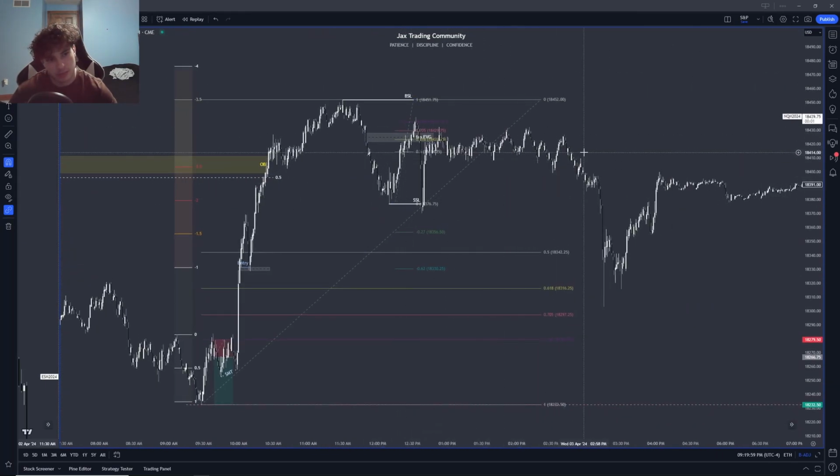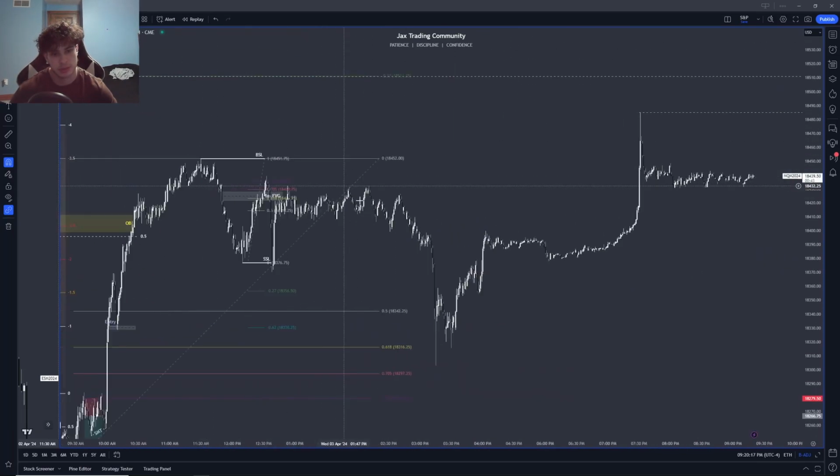And I was actually watching the market all through this, I was just multitasking. But as you can see, from 12:42, so about 1 o'clock, all the way down to about 3 o'clock, we just consolidated the entire time, right? It's like 2 hours of consolidation.